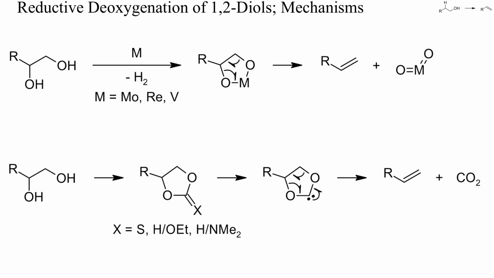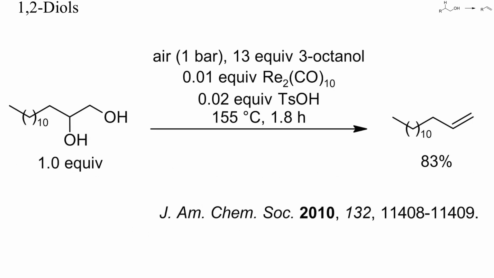Pyrolysis or treatment with some activating reagent can convert these cyclic derivatives into stabilized carbenes, which then fragment into olefins and carbon dioxide. In this example, a diol was reduced to a terminal alkene with another secondary alcohol and 1% of rhenium carbonyl. Despite the high reaction temperature, almost no byproducts or isomers were formed.